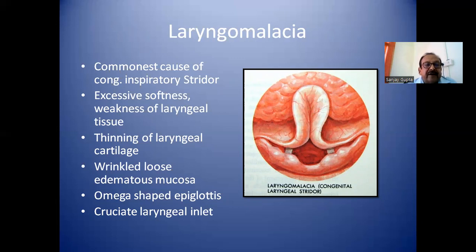Thinning of laryngeal cartilage, with a wrinkled and loose edematous mucosa. The epiglottis you can appreciate is omega shaped, and the laryngeal inlet looks like a cruciate, like a cross, which reduces the laryngeal inlet.